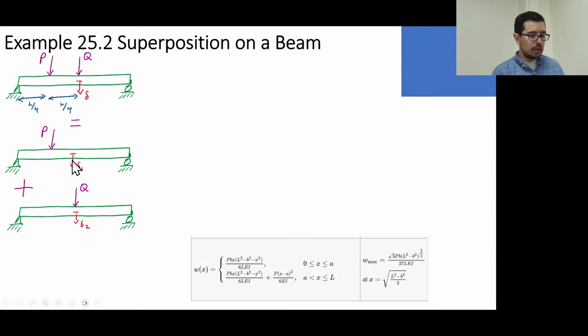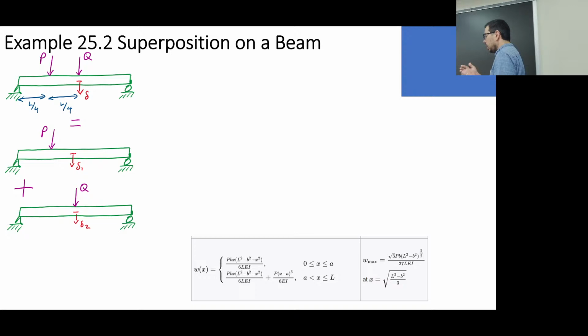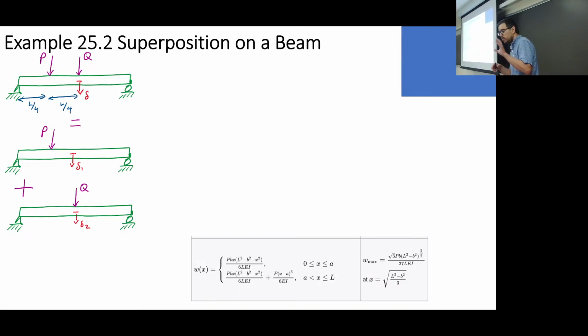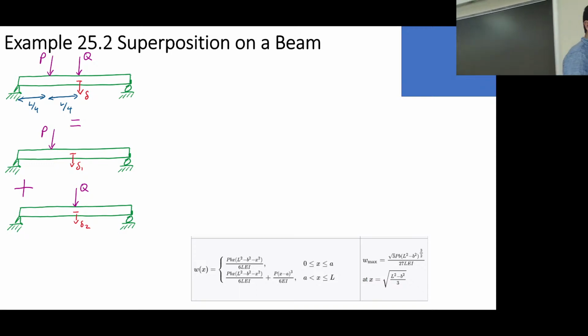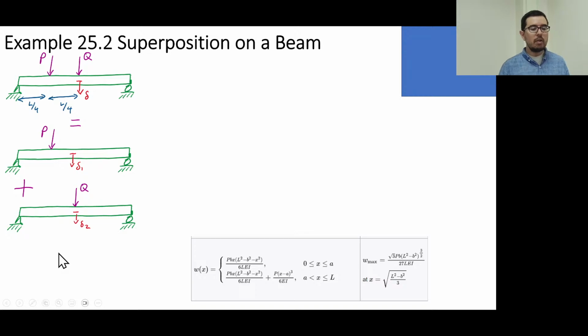In this case, it's more straightforward because the equations in the table describe what happens when you have the force applied in one location and the displacement measured at another location. So you can just use the tables here to figure out what delta 1 is and what delta 2 is, without going through the same thought process where we had to think about the slope. So here all we use are the delta equations.